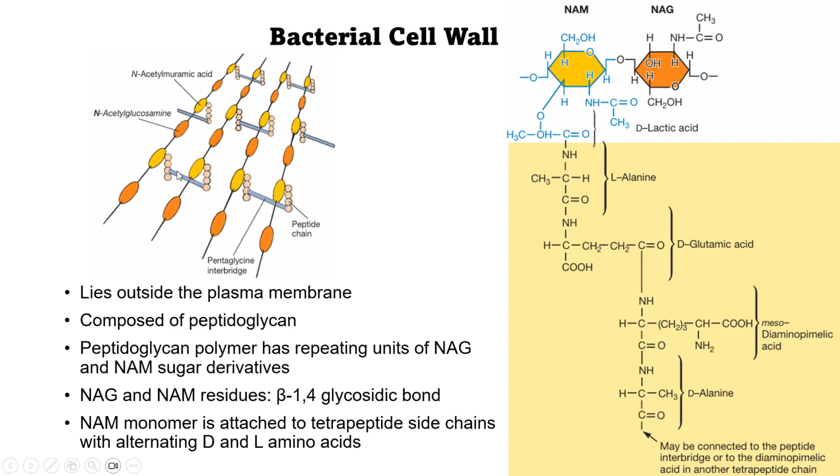There are multiple repeating units of a glycine bridge which connects one NAM unit to another NAM unit, and this forms a mesh-like structure which provides the structure of the cell wall. So these rod-like structures you can see, right? These gray colored ones are the pentaglycine interbridge, which connects one NAM unit to the other and gives rigidity to this structure.